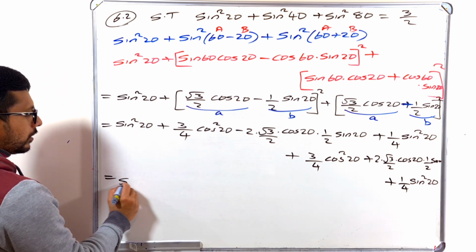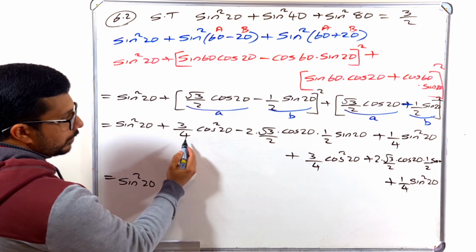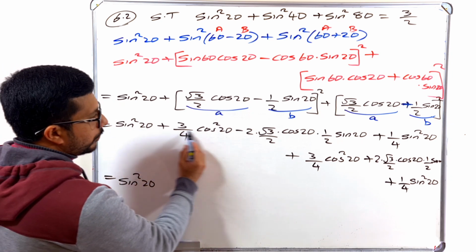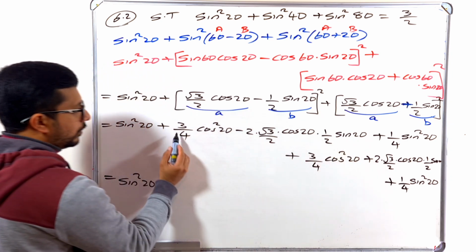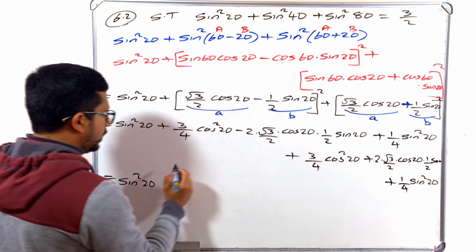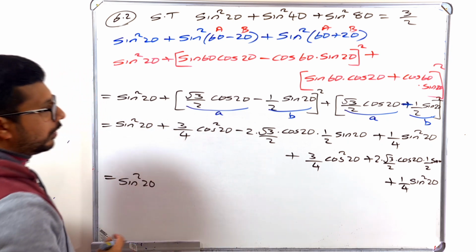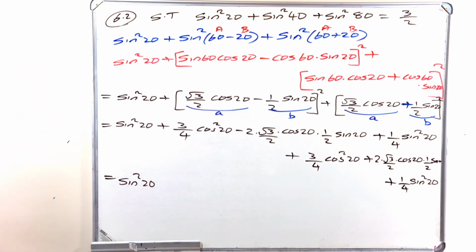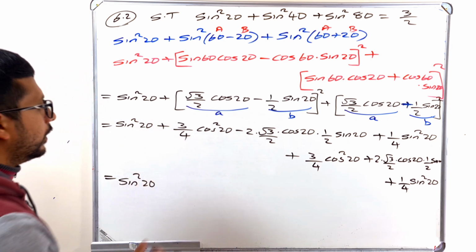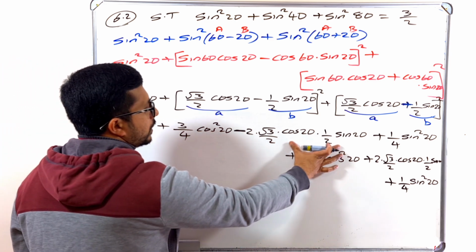So this is sine square 20, then if you multiply all of these, 3 into 2 is 6, 6 into 1 is 6. Here it is separated with a minus, so this is one term.